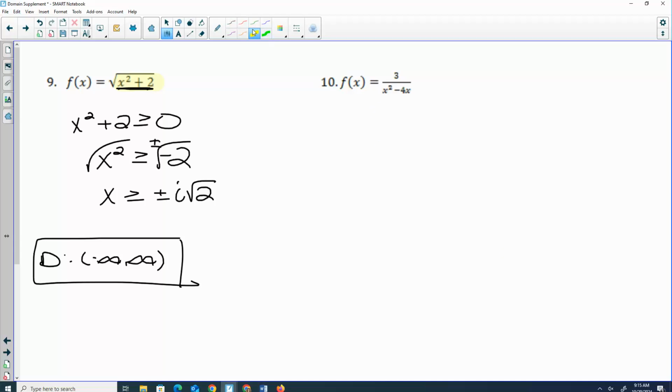Number 10. What do I have to worry about? We have a fraction, so the denominator can't be 0. Okay, if I'm trying to solve for x, I have to factor this first. So it's only 2 terms. I could take out an x.